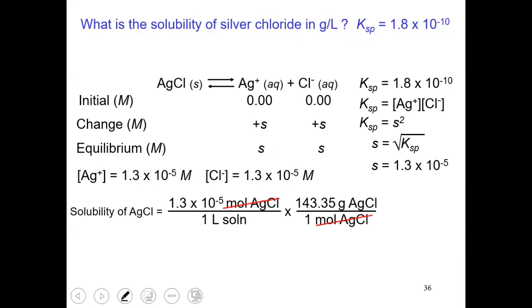Again, moles cancel out, and your final result shows you 1.9 times 10 to the negative 3 grams per liter, or you could also say 1.9 milligrams per liter is actually what is dissolved. So a saturated solution of silver chloride should have 1.9 milligrams of compound dissolved per liter. All right?